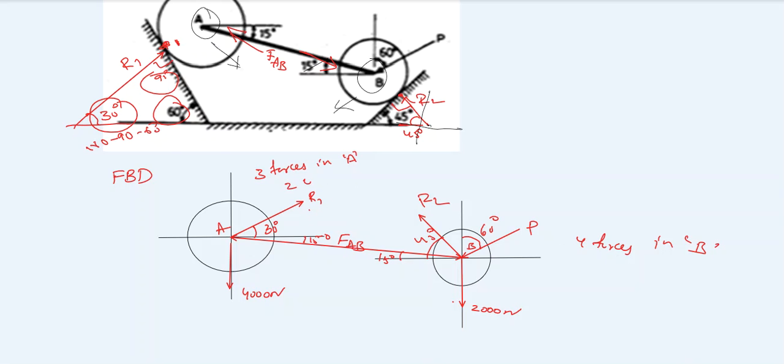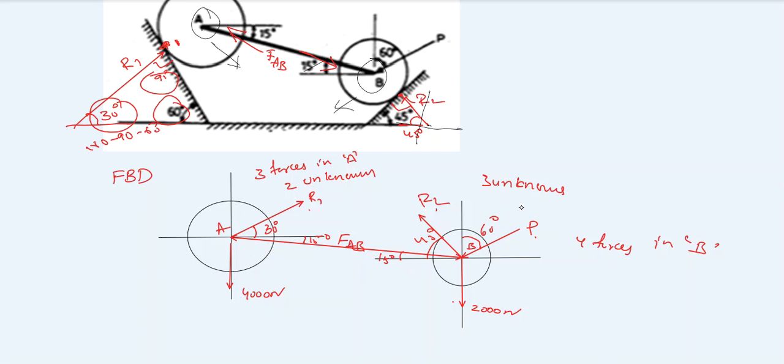In diagram B, we have three unknowns, 1, 2, 3. So my suggestion is to go for A. Solve first diagram A, because we have only two unknowns.